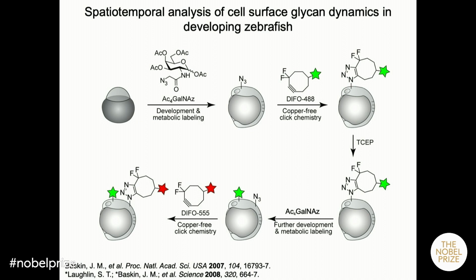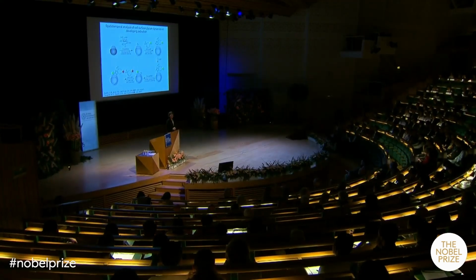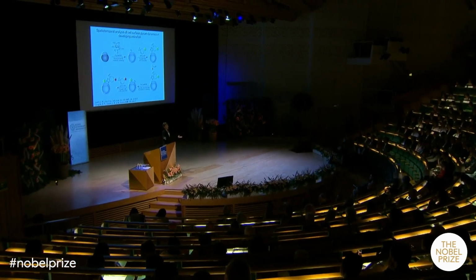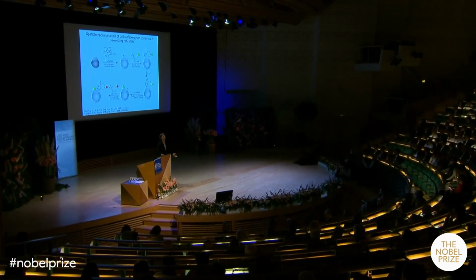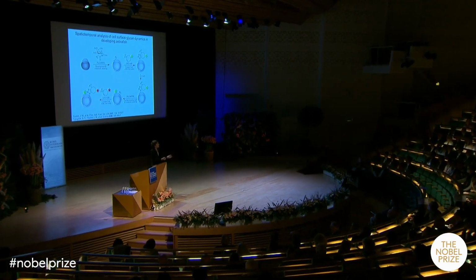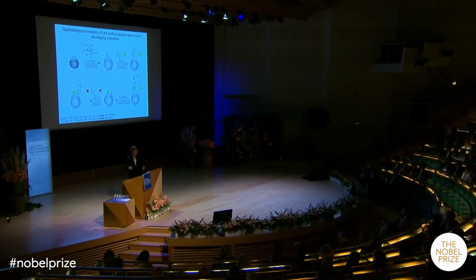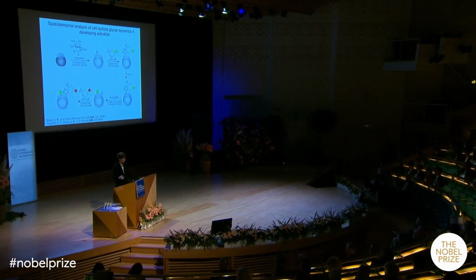Then they could pulse the embryo with more azido sugars that would appear at different time points and label them with different colored dyes. And we could create fish that basically had all the colors of the rainbow, where the different colors represented different types of cell surface sugars that appeared during development at different time points.